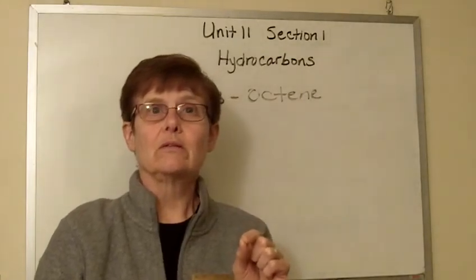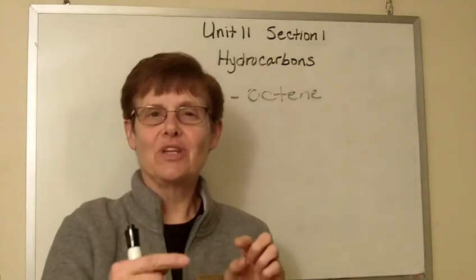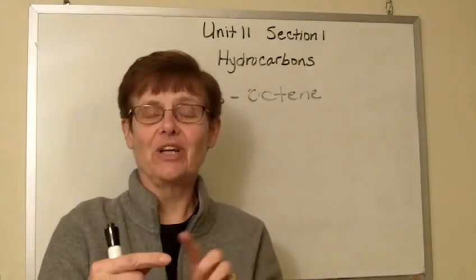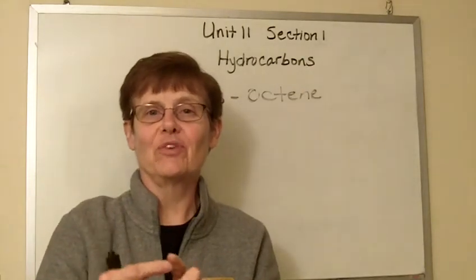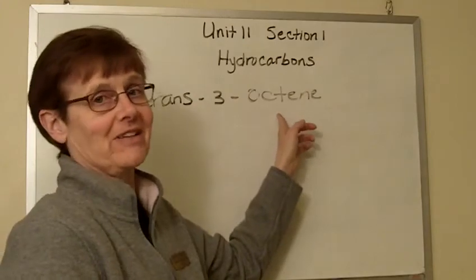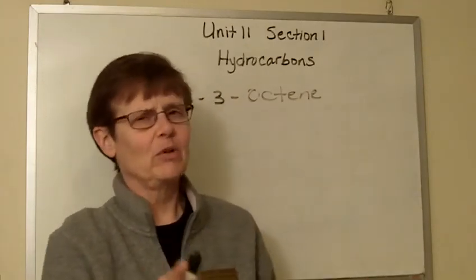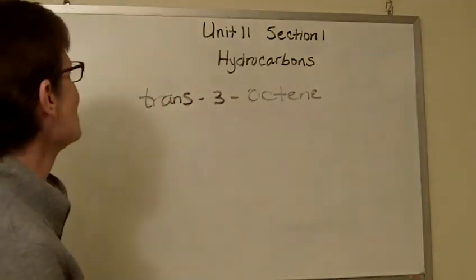Oh, maybe there is. Sometimes if you get a number that's too big, you're too close to the other end of the molecule, and you get a smaller number by counting from the other end. So for example, there's no such thing as trans 7-octene, because that would mean I should have started counting from the other end of the molecule. However, I think I would have been okay, but that's all right. Let's go with this one.